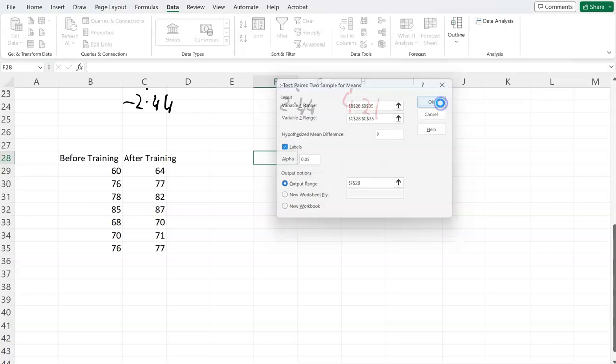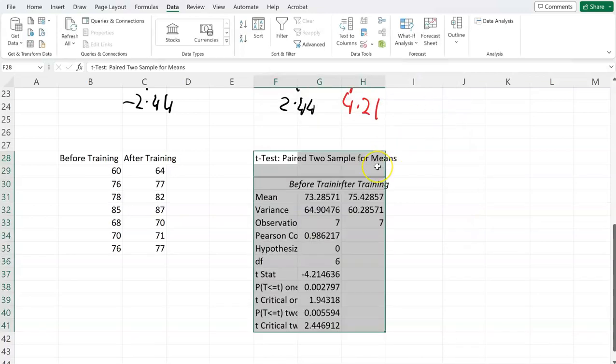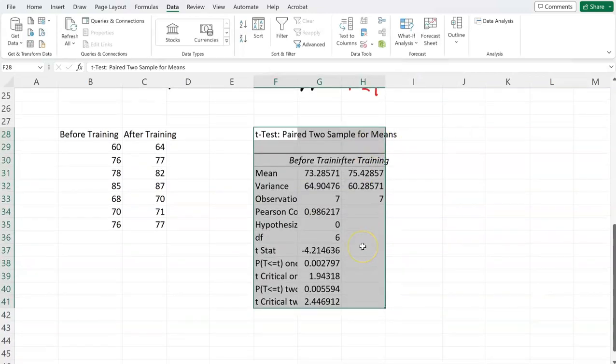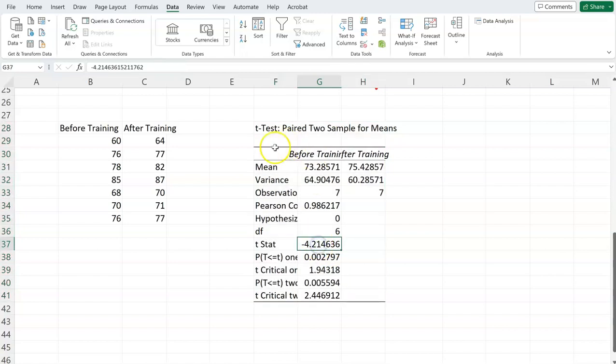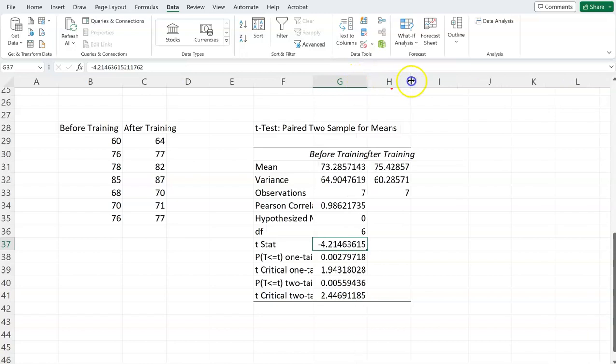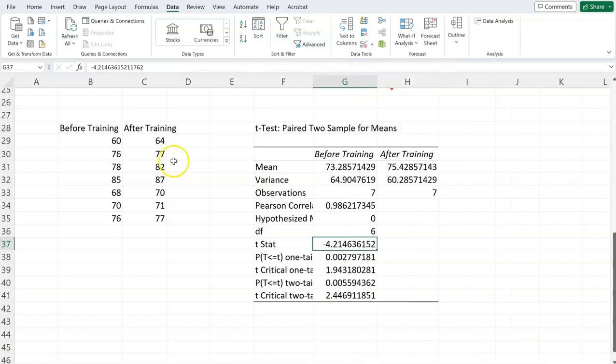We can now find our difference, and this is what we find. If you notice, the t-stat here is negative. The reason is they use x1 minus x2 as the difference. We use x2 minus x1. So if I actually switched it, if I put variable 1 as after training, variable 2 as before training, I would get this to be positive.